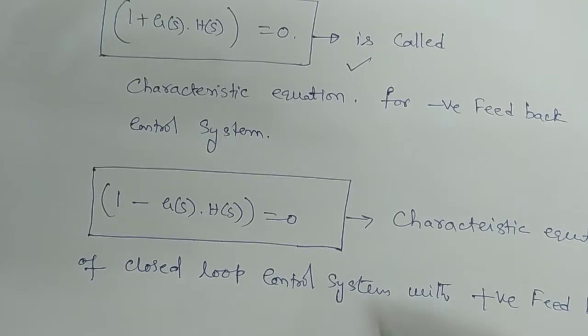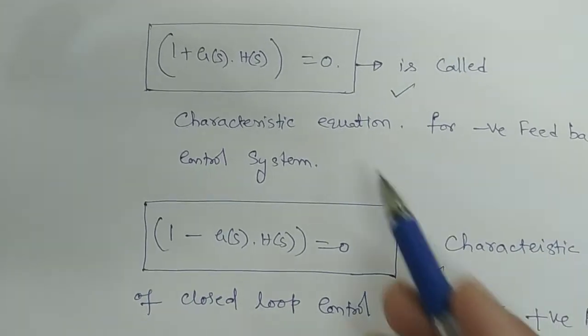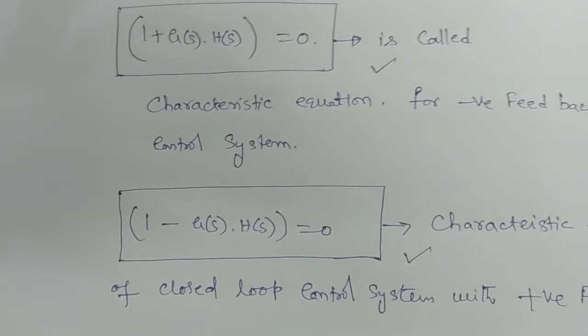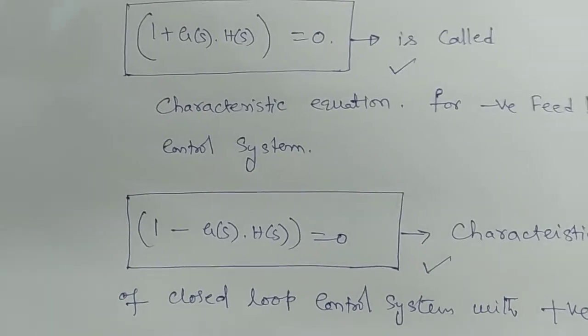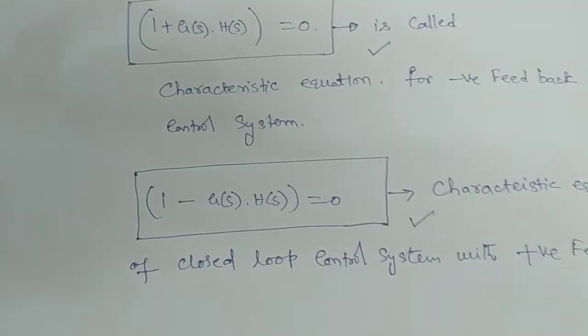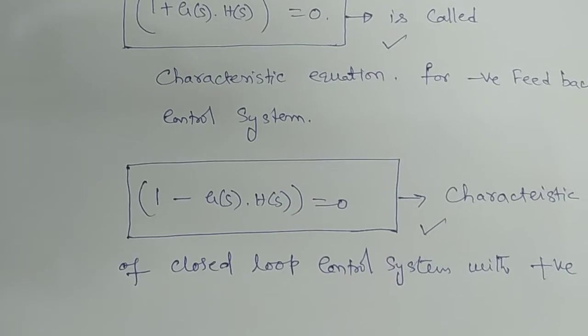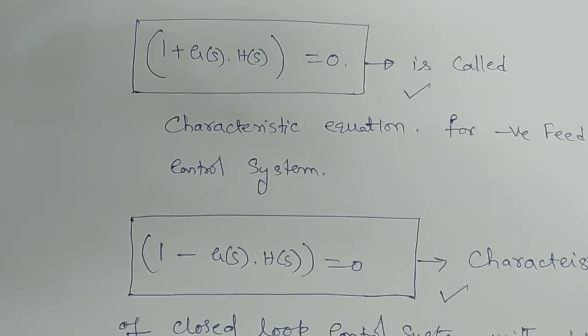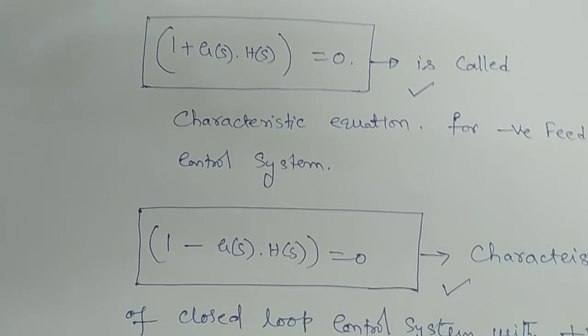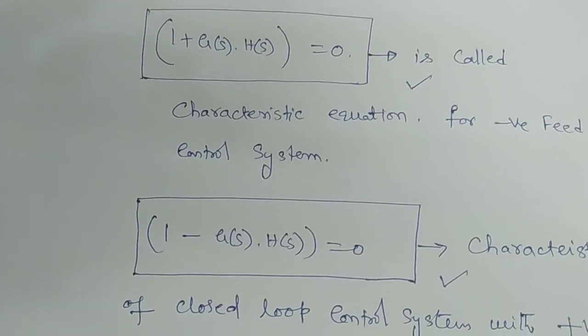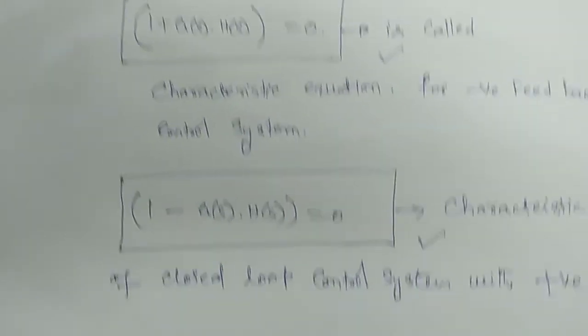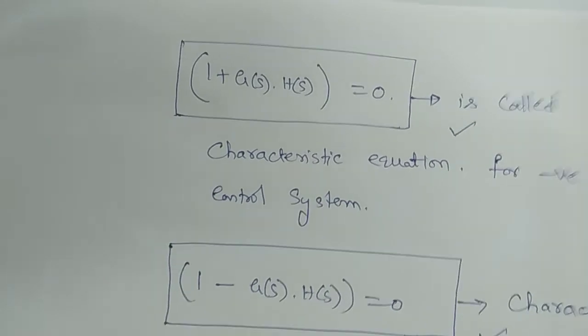Remember this also; these are very important. Sometimes in examinations they will give you the open loop gain and even the gain of feedback, and ask you to find the characteristic equation of this particular system. I will explain one simple example so that you will understand.